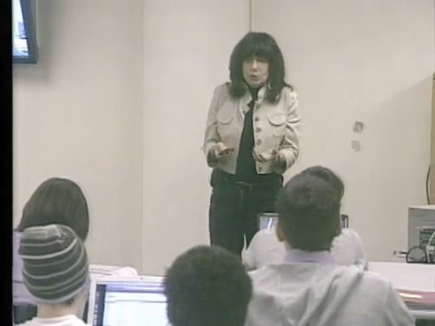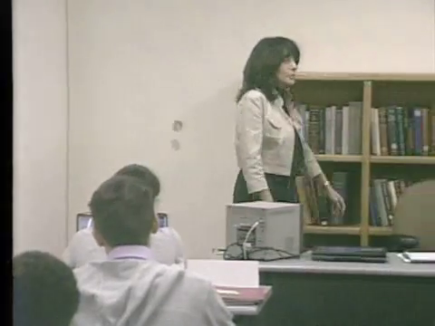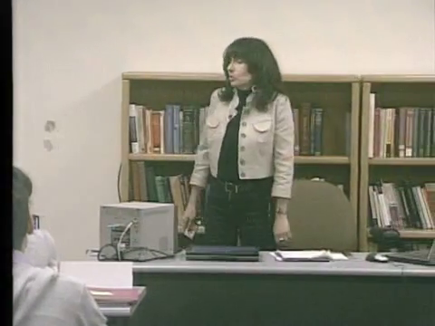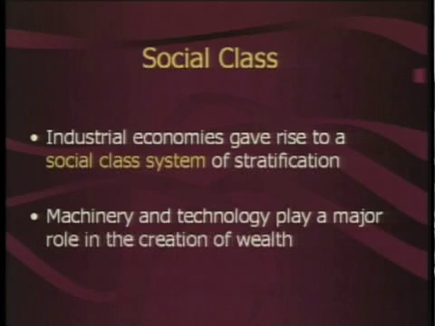Again, the machinery of industry made rise for us to have surplus. And because machinery and technology play a major role in the creation of wealth, it gives rise to what we now know as social classes. Again, there have always been different groups, but they weren't conceived of as social classes.